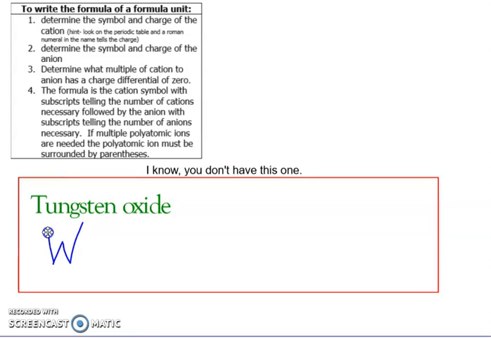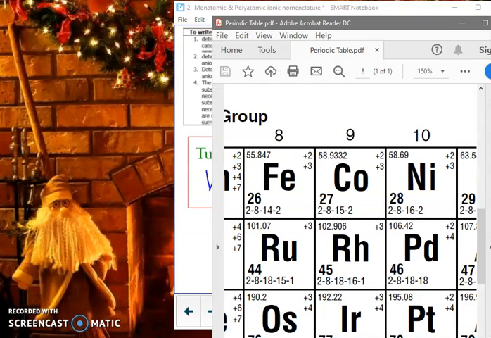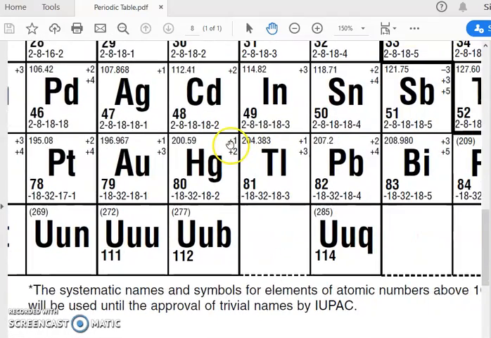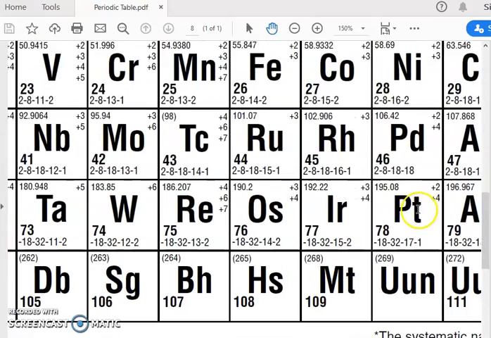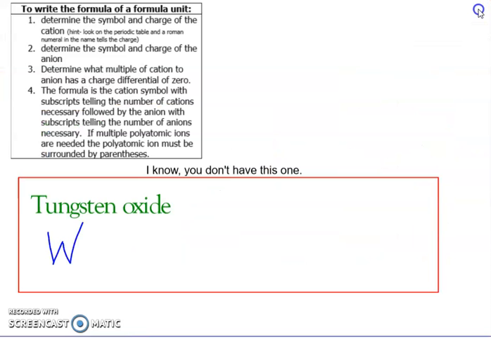All right. Your periodic table is going to tell you that tungsten, down here at the bottom, in the middle, where is it? Over here. Tungsten is a +6. So I'll help you with that.